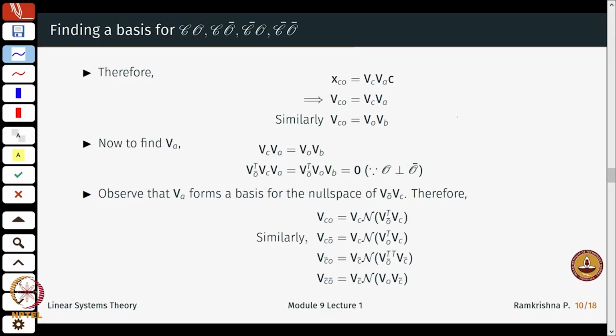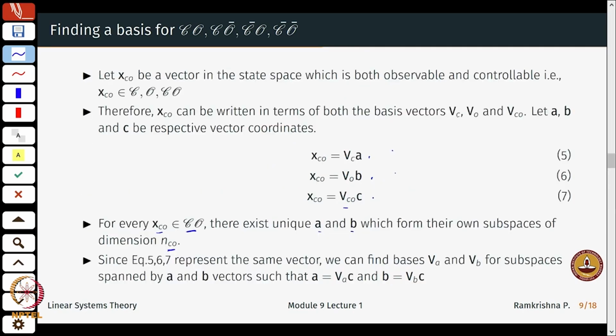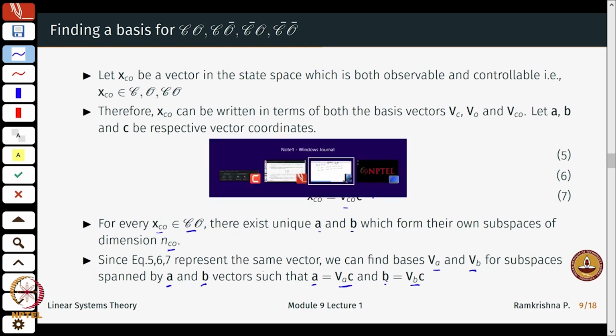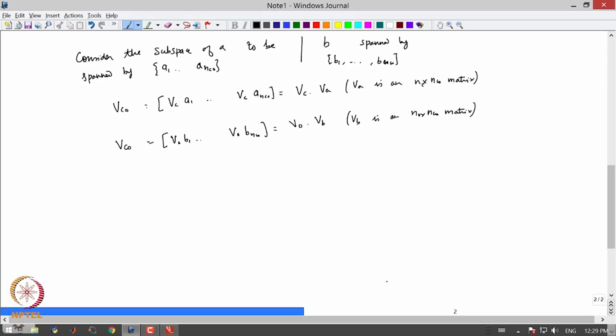Now, what do I have so far? The idea was, since 5, 6 and 7 represent the same vector, we can find a basis VA and VB for subspaces spanned by A and B vectors such that A is VA times C and B is some VB times C. That is how this basis is derived.